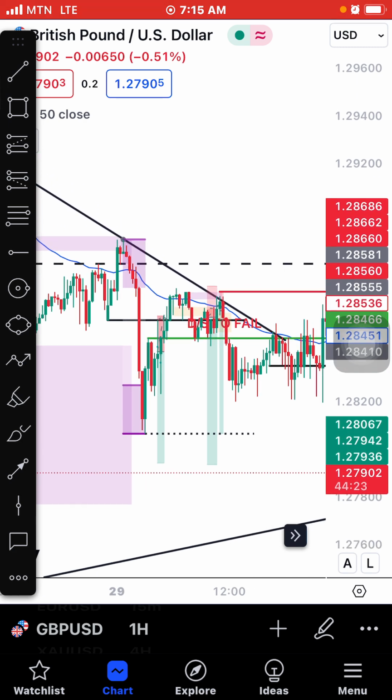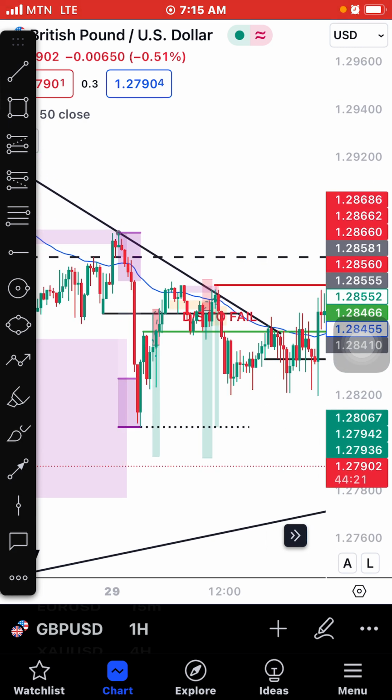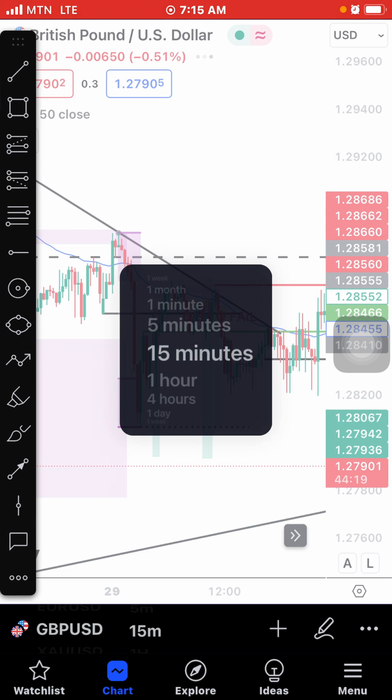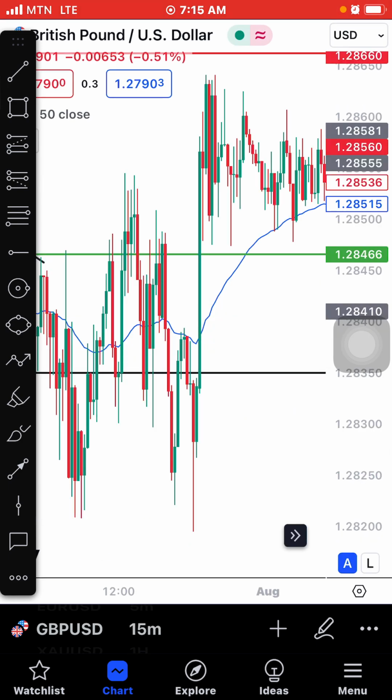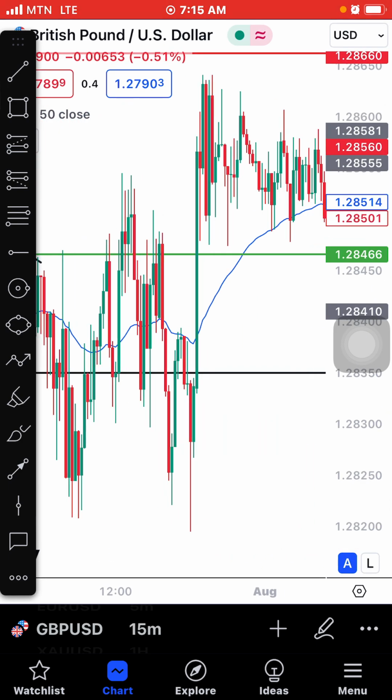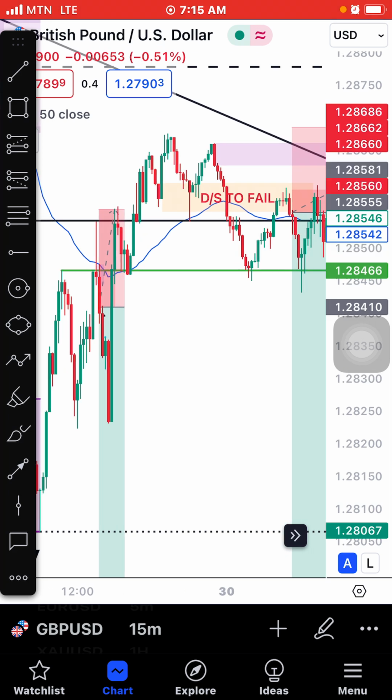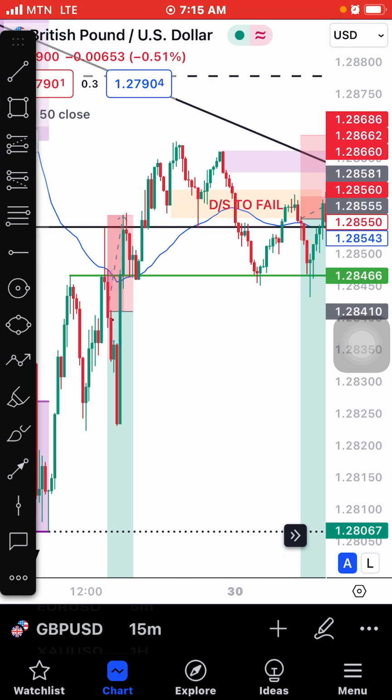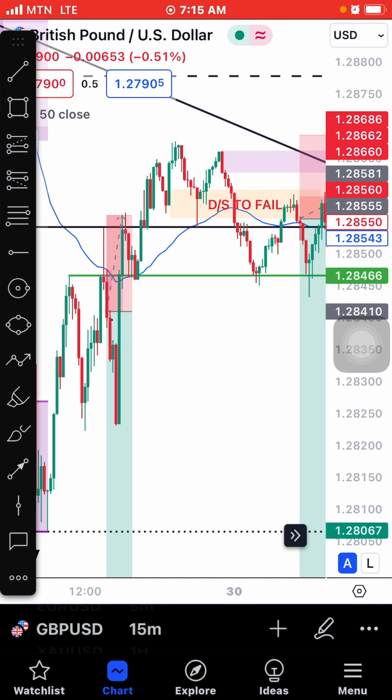But let's see what happened on the 15 minutes time frame. With my strategy, I have two types of strategy: the long swing trading strategy, and the intraday strategy.